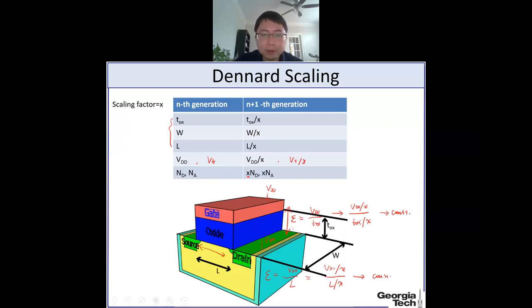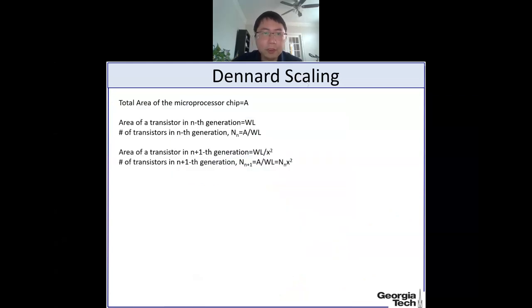But let's use W times L, which is the gate area, as the measure of the area for the transistor, because the source and drain will be proportional to this area. So let's use this to stand for the area of one single transistor. If we assume the area of a transistor is given by W times L, then the number of transistors in the nth generation will be the total chip area divided by a single transistor area, WL. So then you get this N_n, the number of transistors on this chip.